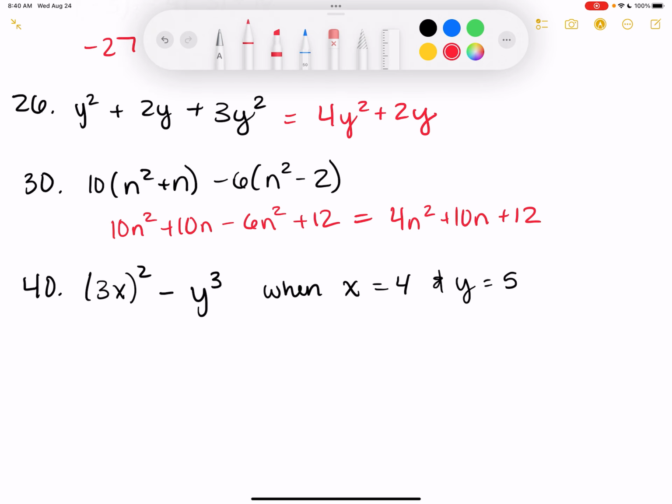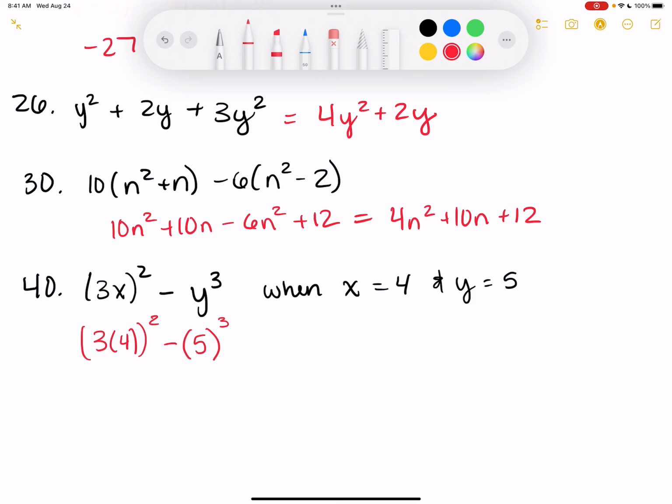So we start out with replacing: 3 times 4, and all that is getting squared, minus, in parentheses, 5 cubed. The minus on this one is not directly attached to the y. When we replace the y with 5, I like to put it in parentheses so it doesn't confuse me about the sign. Since it's a cubed one, it's not going to change anything, but if it had been squared and you didn't group it correctly, it could confuse you.